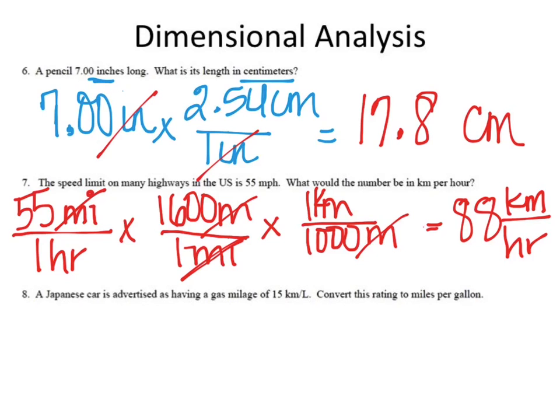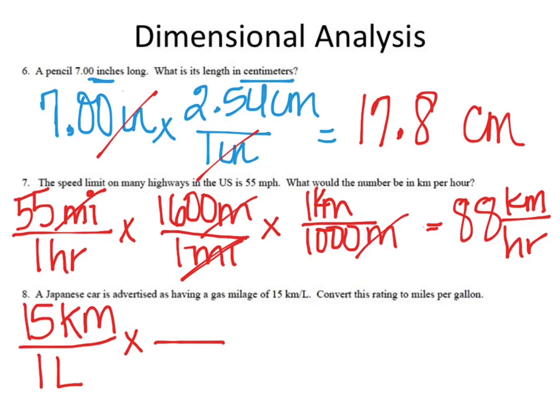A Japanese car is advertised as having 15 kilometers per 1 liter. We go by miles per gallon. So we need to convert this and figure out how many miles per gallon that is. So we have 2 conversion factors we're having to do here.